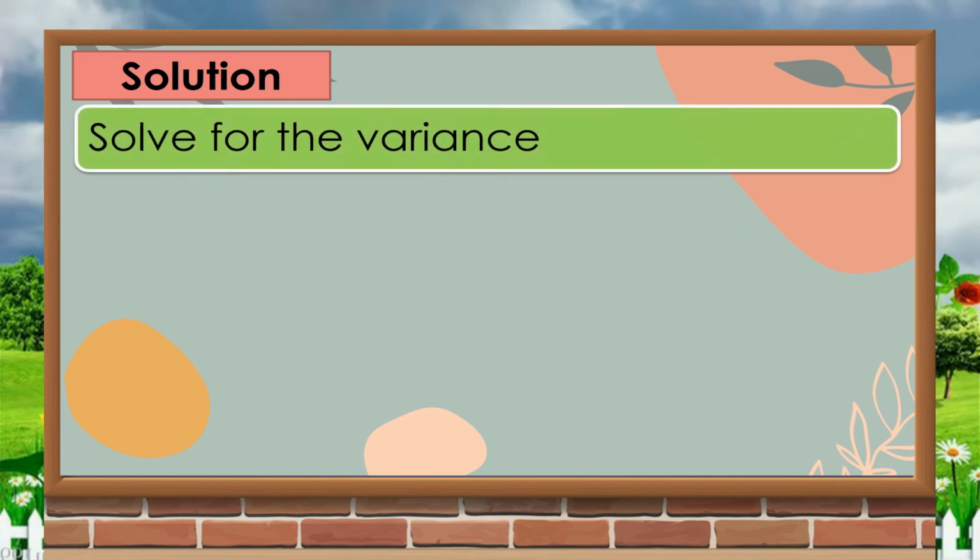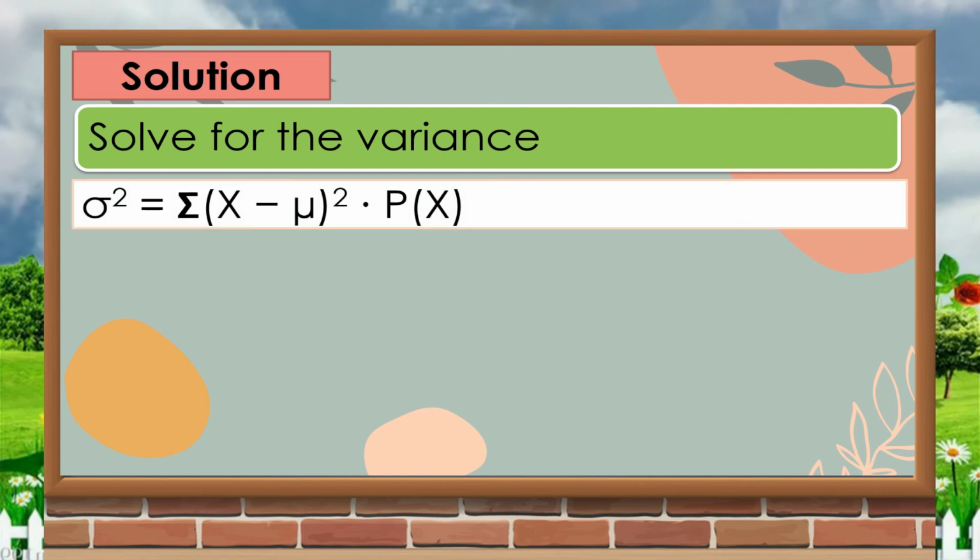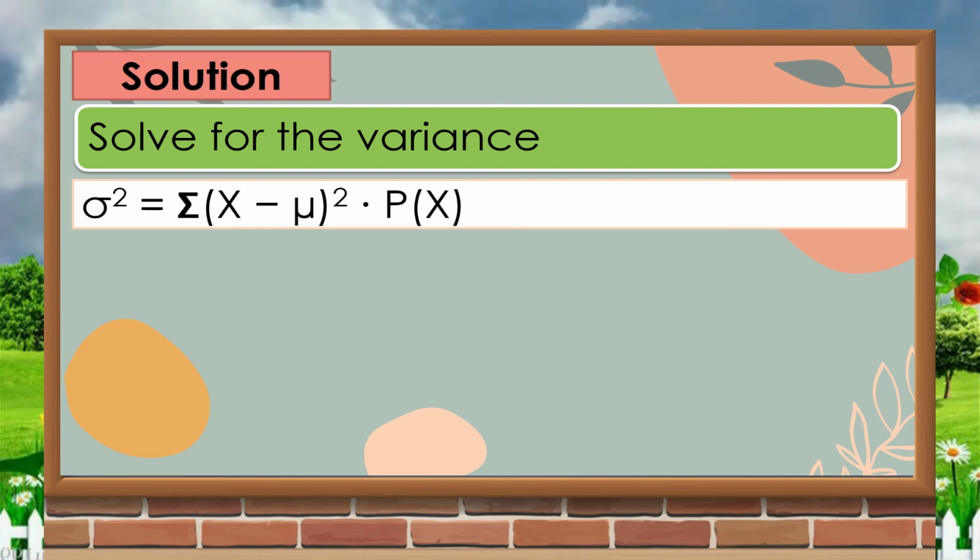To solve for the variance, we must use the formula sigma squared is equal to the summation of x minus mu squared times p of x.